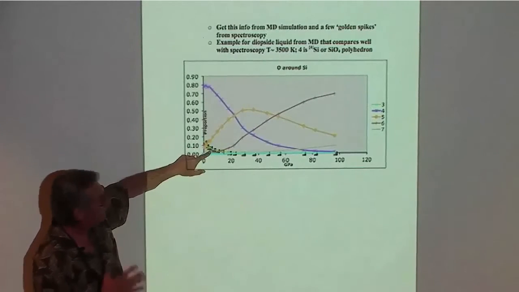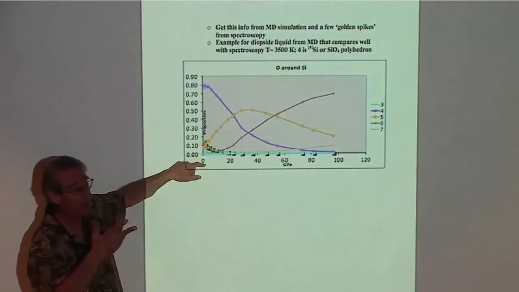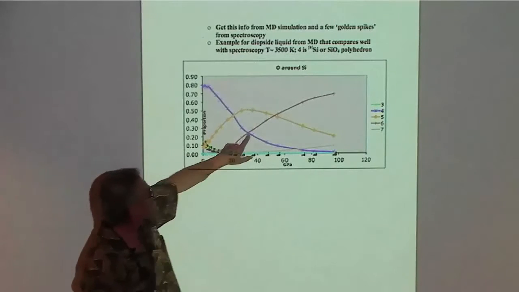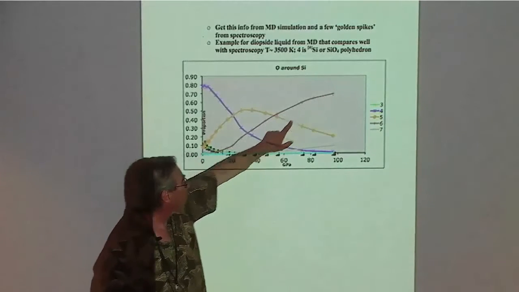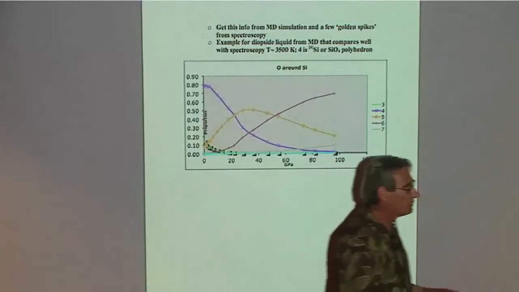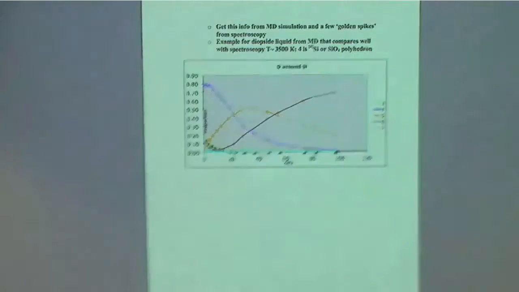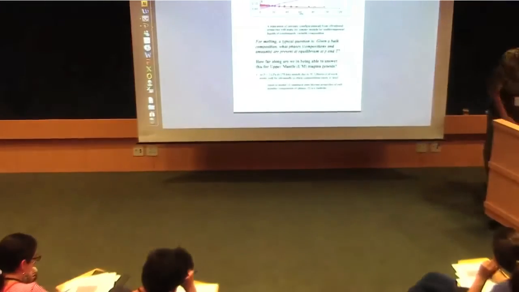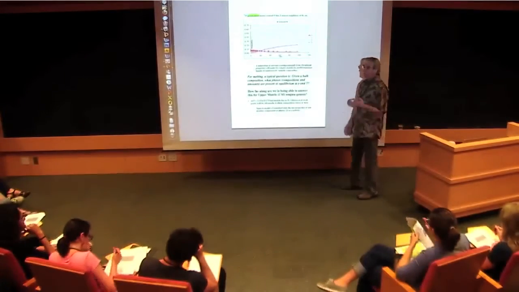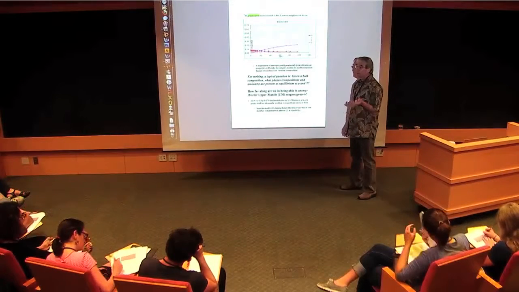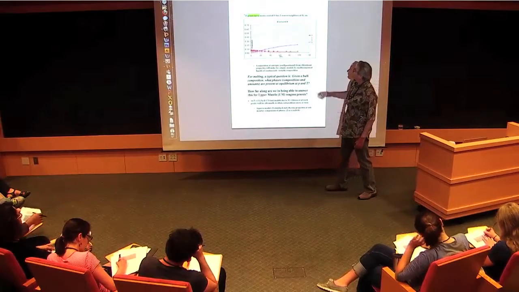The 6-folds, like in stishovite, monotonically increase through here. The point is that pressure has a profound effect on the structure of silicate liquids, and that is the key to understanding their properties if we want to know what's going on from the microscopic point of view.